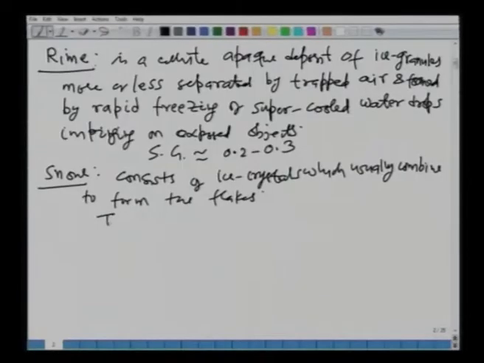All right. So, you can say that it is of two types. One of them is like cotton. It just appears to float and it will not accumulate. It will just melt on coming in contact with the ground or any object. Will not accumulate.